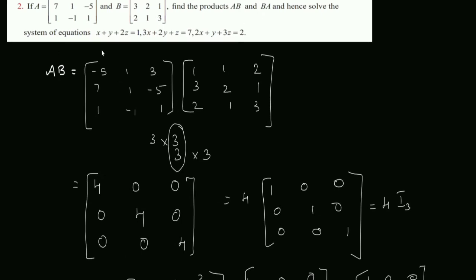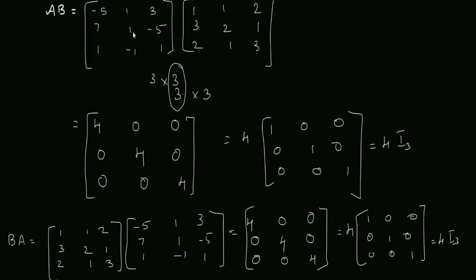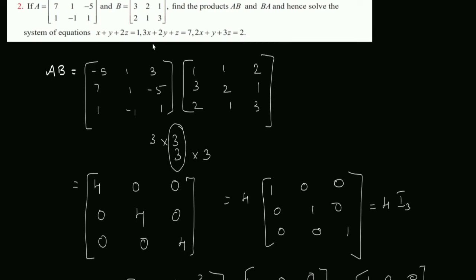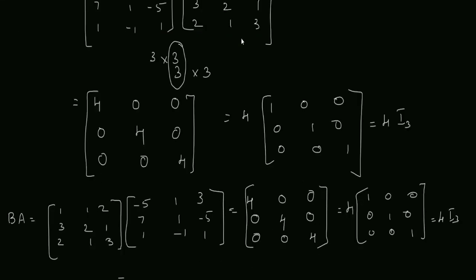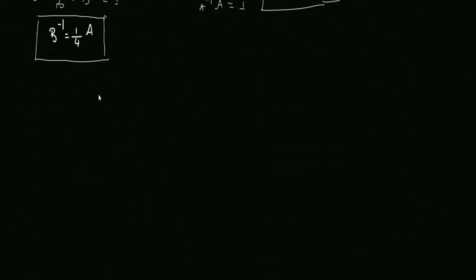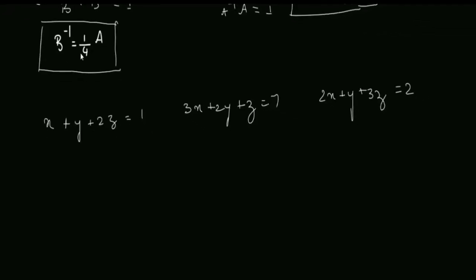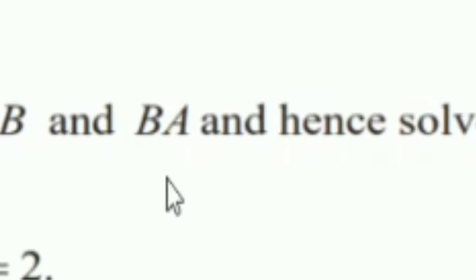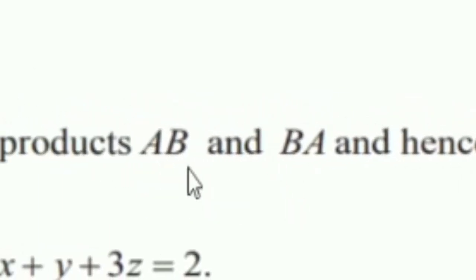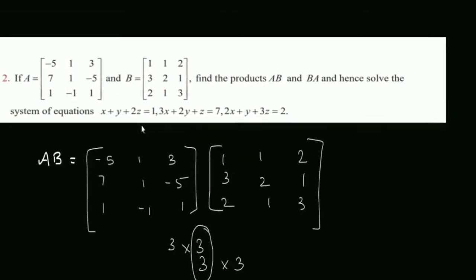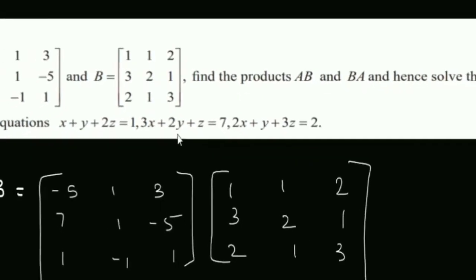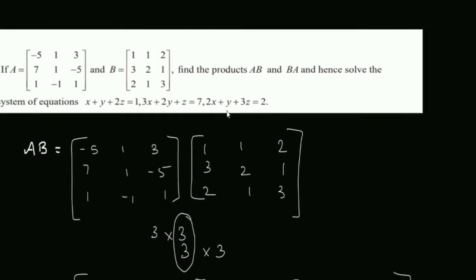Next, using these products, you have to solve the system of equations: x plus y plus 2z equal to 1, 3x plus 2y plus z equal to 7, 2x plus y plus 3z equal to 2. Look at the coefficients: 1, 1, 2.